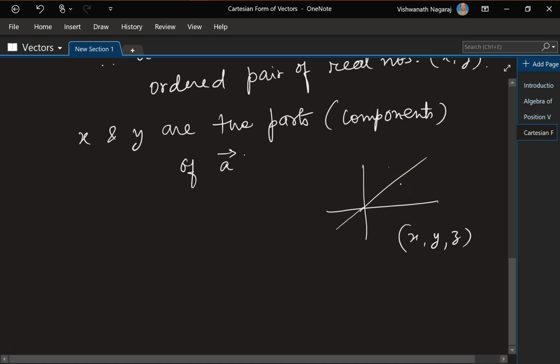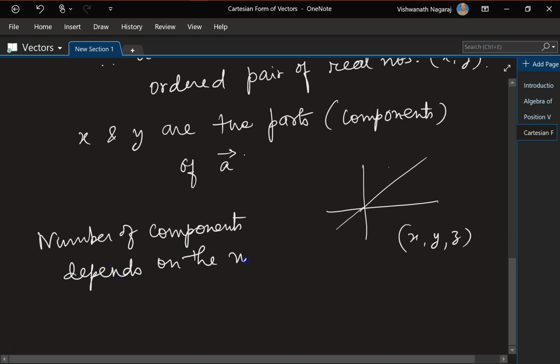So in such a situation, the vector will have to be represented using 3 real numbers. So the number of components depends on the number of dimensions.